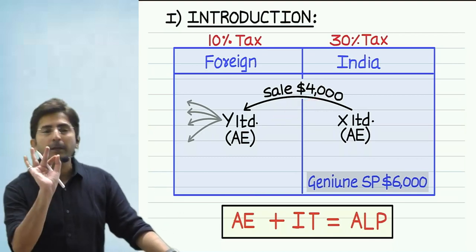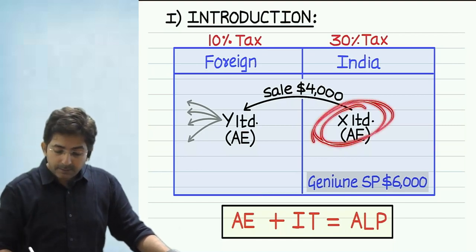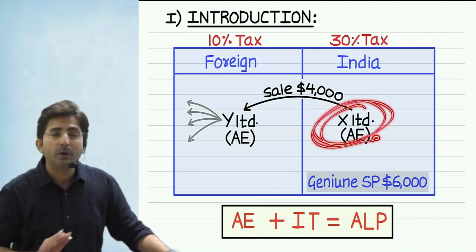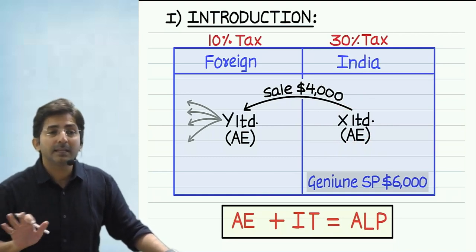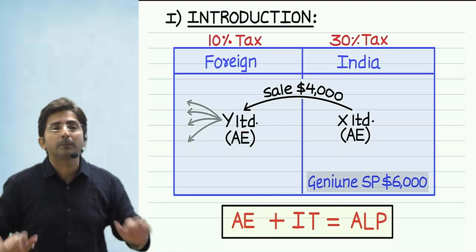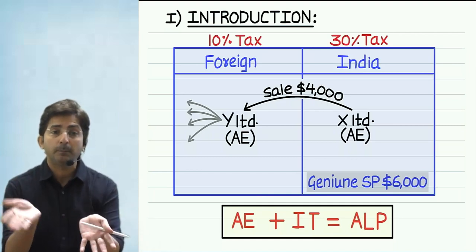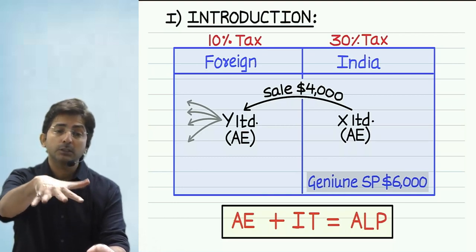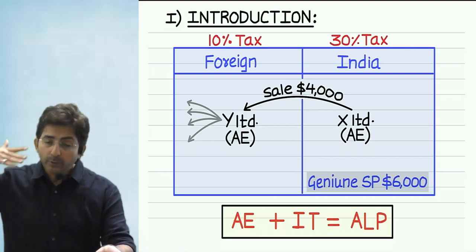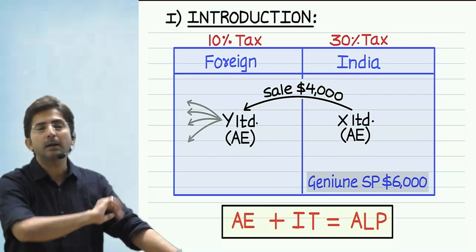But if there is even a little chance that the assessee might have manipulated a price, no one takes the chance. No one takes the chance of not computing the ALP, because the law has made such stringent and strict penalty provisions that in case you fail to compute ALP, the consequences are really bad. Looking at the consequences, no one takes the chance. Every assessee computes the ALP.